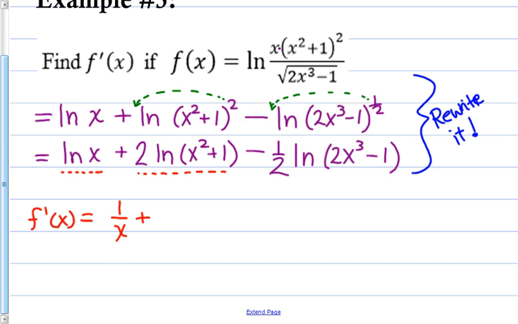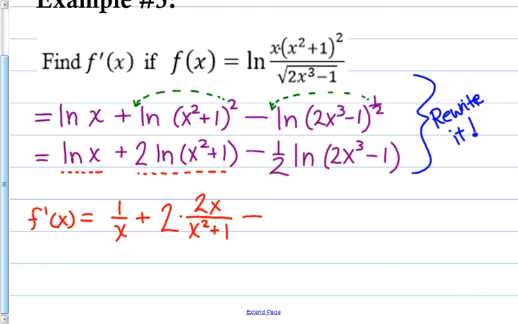The 2 is just a multiple, a number. It's going to stay right there. So 2 times the natural log of x squared plus 1. The derivative of the natural log of x squared plus 1 is just going to be u prime over u. So u is the x squared plus 1. And on top of that goes the derivative of that, which is 2x.